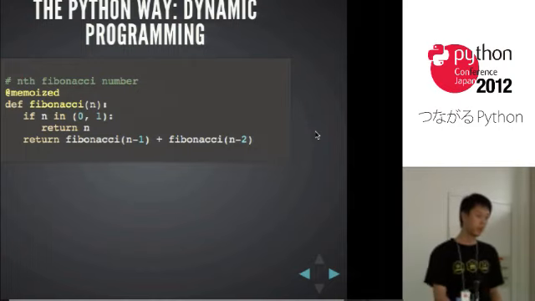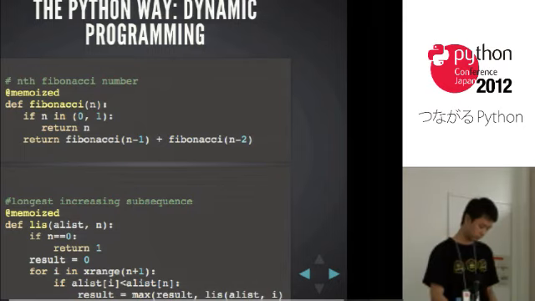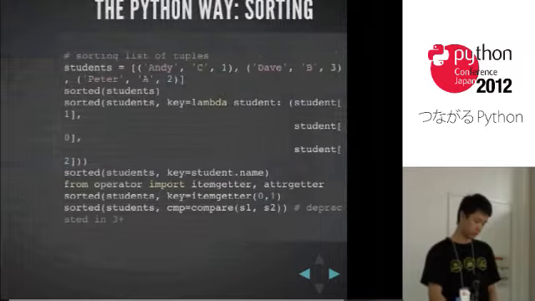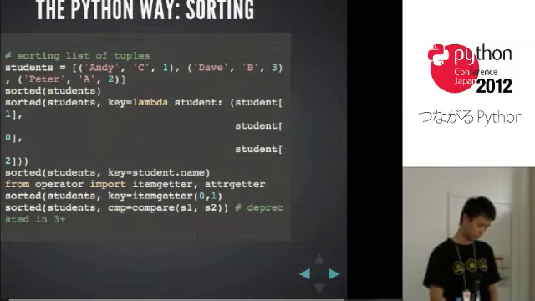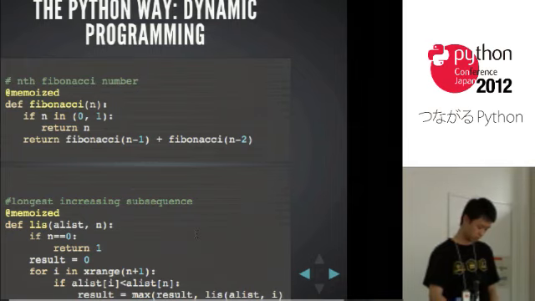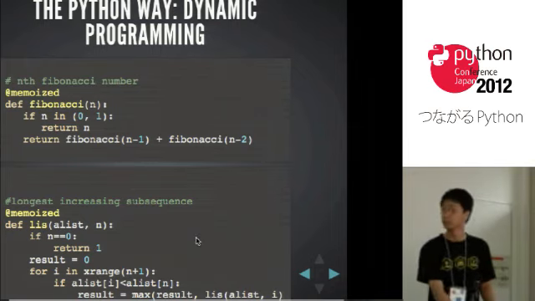So instead of storing the result in the array, you store it right inside the function. You can do the same thing too with the longest increasing subsequence. Sorry. So really handy.